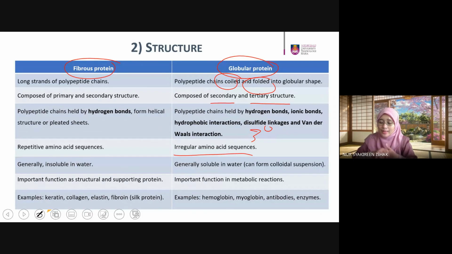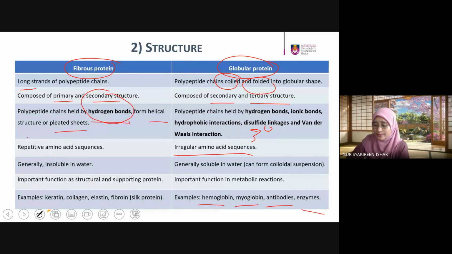Okay, and generally soluble in water. So they can dissolve in water because most of our body is composed of water. Your blood is composed mostly of water. So this protein needs to be able to be carried along your blood, so they can be dissolved in the water in your blood. Macam itulah, okay.